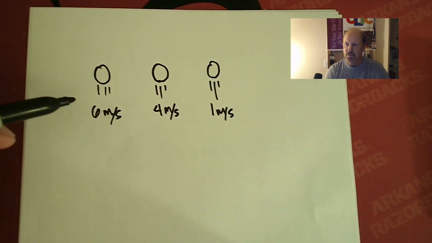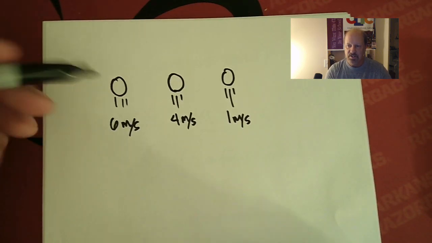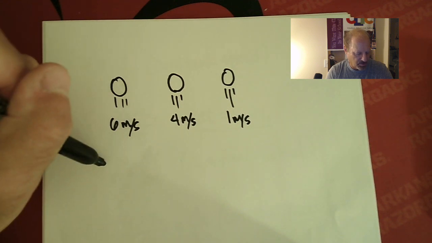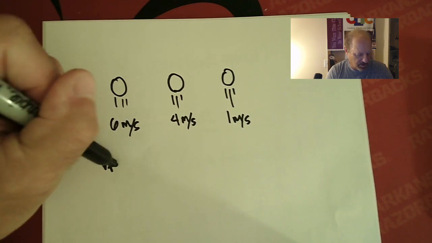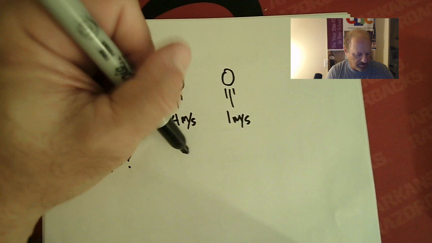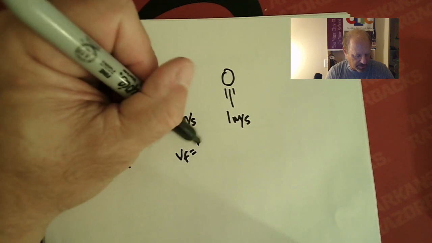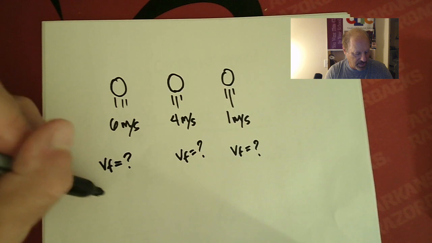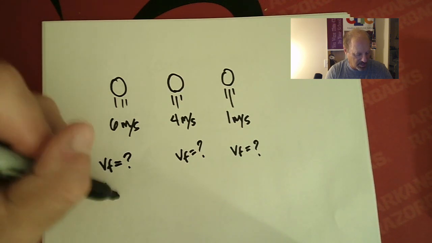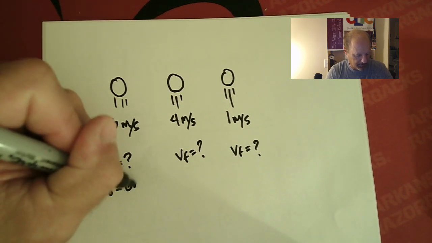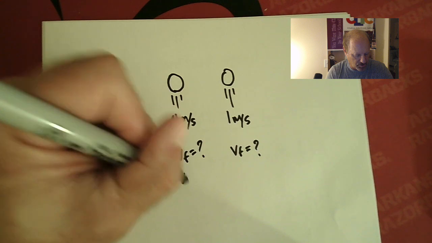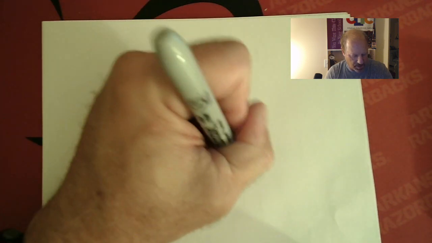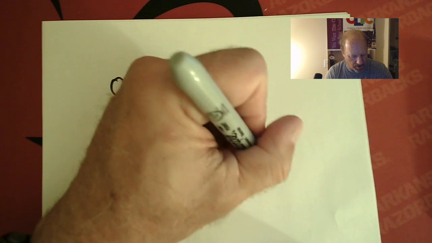So here's what we need to look at. The question is, which ball is traveling faster? So V final equals I don't know, for each of them. V initial we know. V initial is 6. And V initial here is 4. And V initial here is 1.